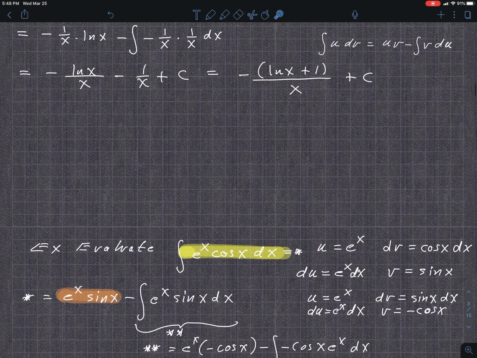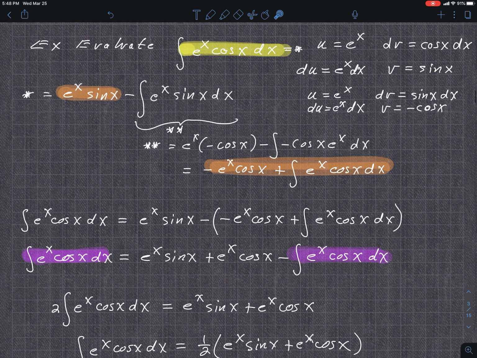Okay, then the only other type to really talk about in this video is this one. This is the one where you start on one side, and you end up seeing that you get a duplicate. So this here is the same as this. Once you integrate that again, you see that you get the same thing.